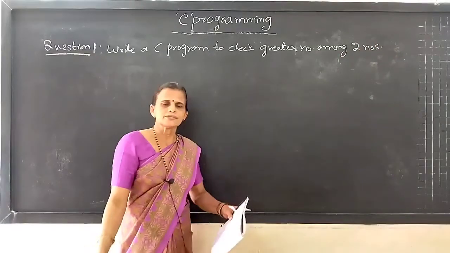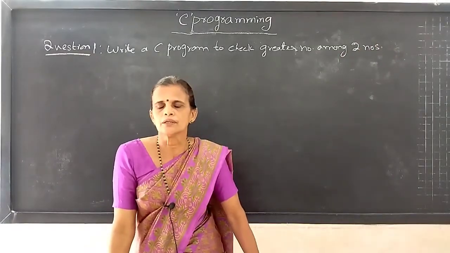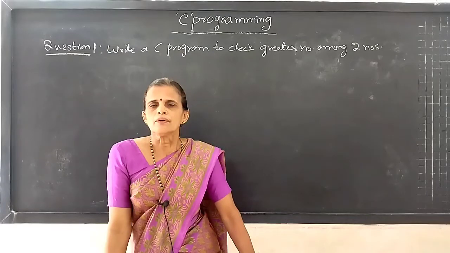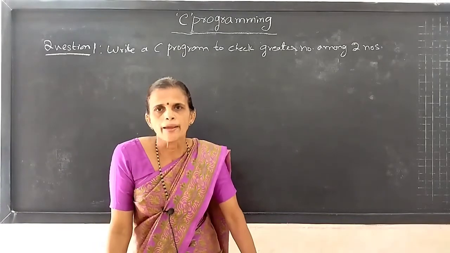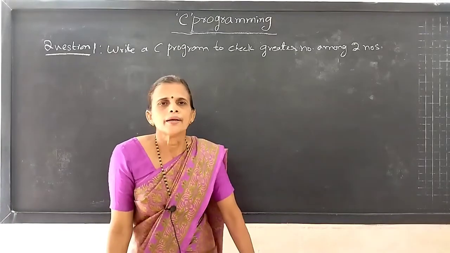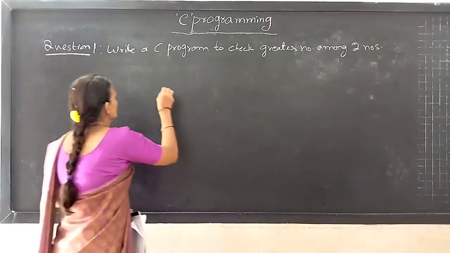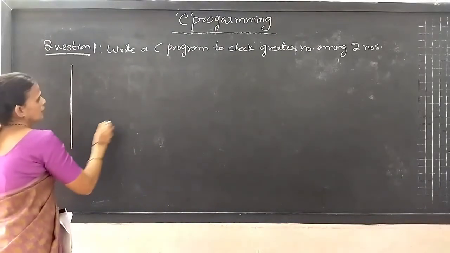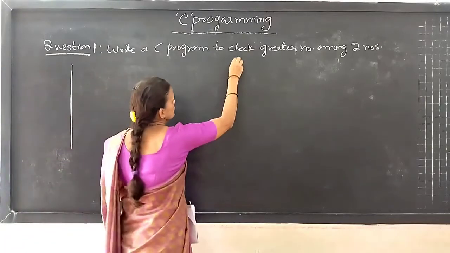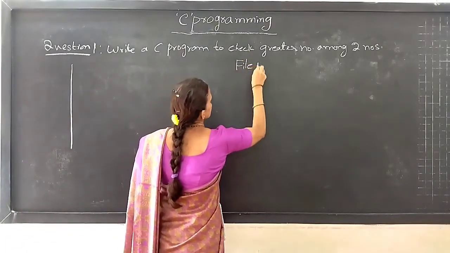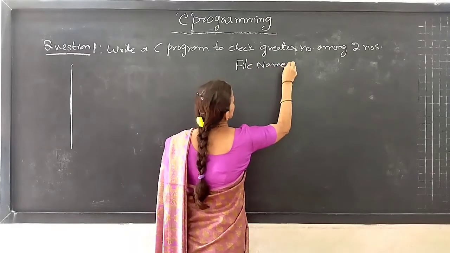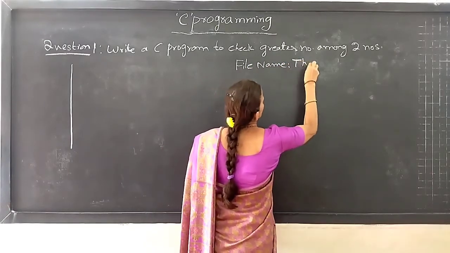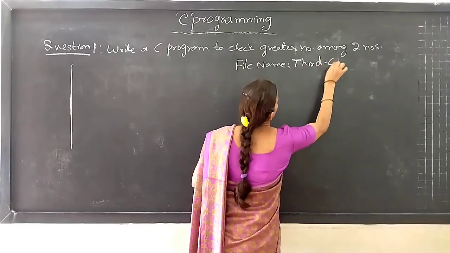And as we did in the last class, we have to click on File, New, and follow the steps and get the space for writing the program. Okay. And you have to give the file name, we will give the file name as third.c.